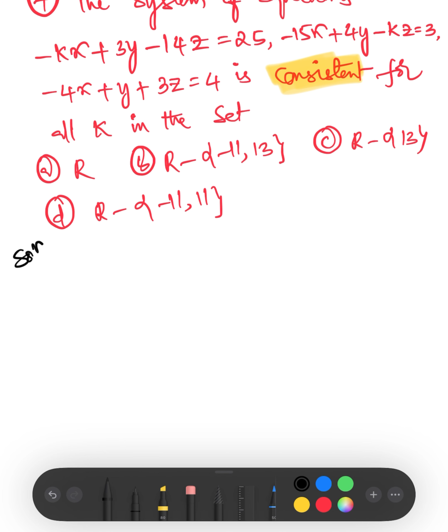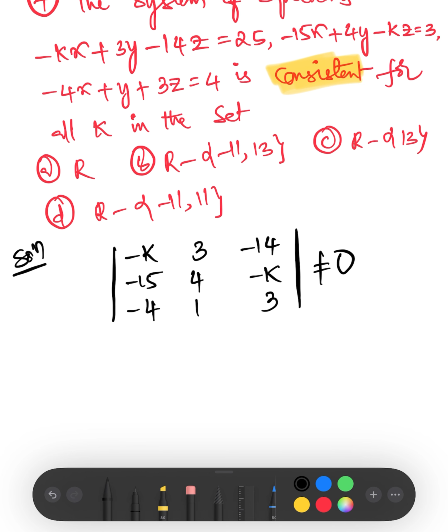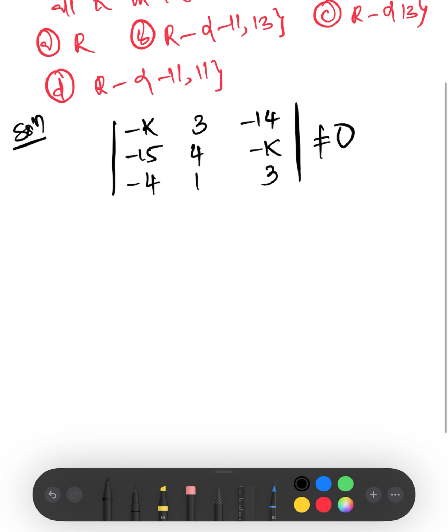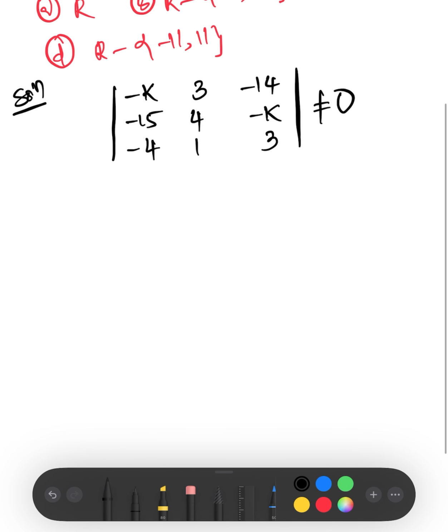Now coming to the solution, here det is not equal to 0, so the determinant with rows minus k, 3, minus 14; minus 15, 4 minus k, minus 4; 1, 3 is not equal to 0. Now what values does k not accept? Here the signs are plus, minus, plus.